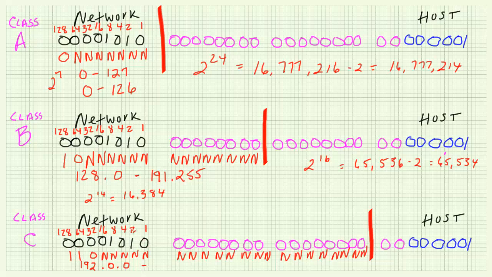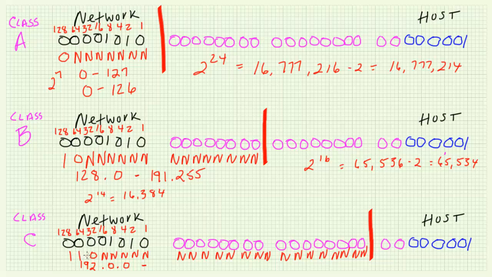So if we set all of the remaining network bits to 1, what would it look like? So if we were to set all of the network bits to 1, and that represents these bits here that I've represented with the letter N, these first 3 are fixed because that's what the rule says. The rule says that the first 3 positions in the first octet must be 110.